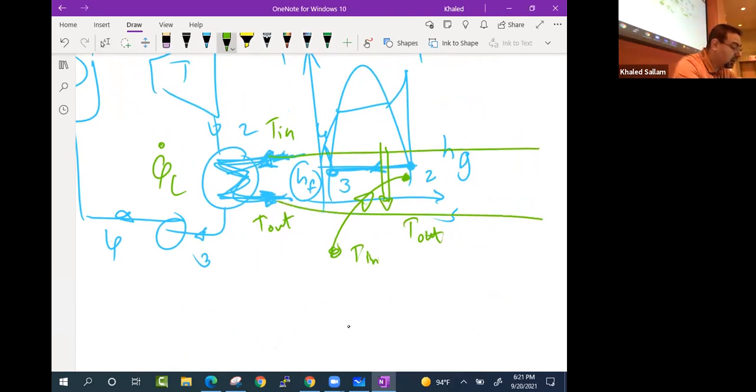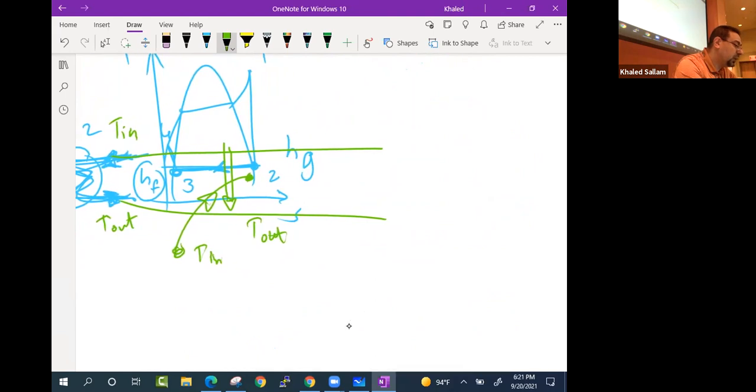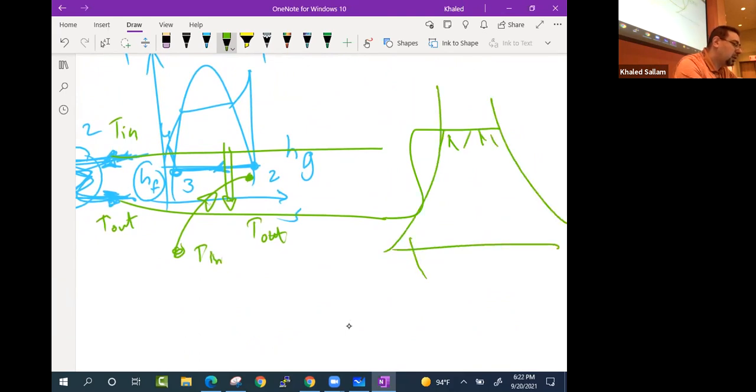Okay, so now this water that is taking this Q dot L, where is it coming from and where is it leaving to? It's going to a cooling tower, right? It's sprayed into a big cooling tower, and the water that gets pulled out colder will come back again.